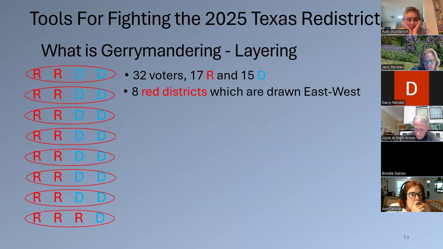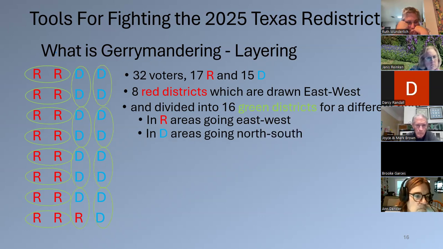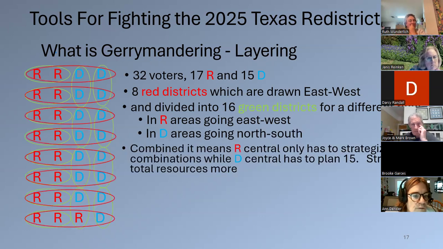This other one's a little arcane, so I'm just going to flip through it quickly. If you have to draw 2 different districts in an area, you can draw one set of districts which go east-west. Then in your areas, you draw for the second district those lines to go east-west, and in the opponent's area, north-south. The reason you do that is it gives you a coherent set of campaigns to combine.